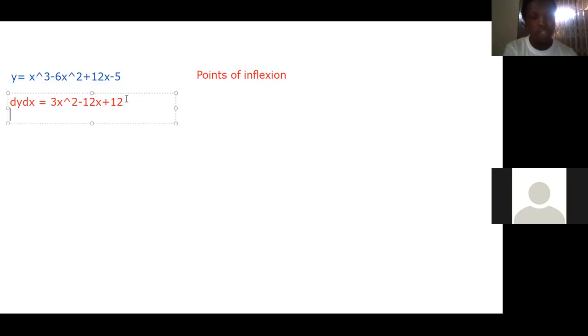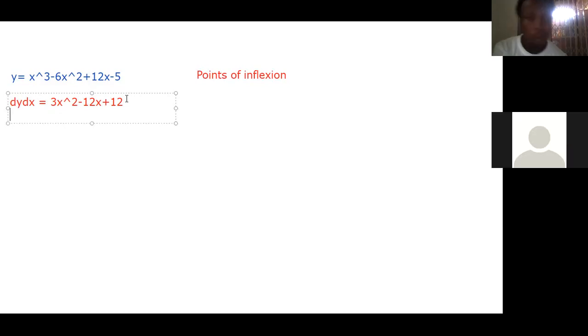After getting this, we are going to equate it to 0 and find the x values, because that's how we find the turning points.